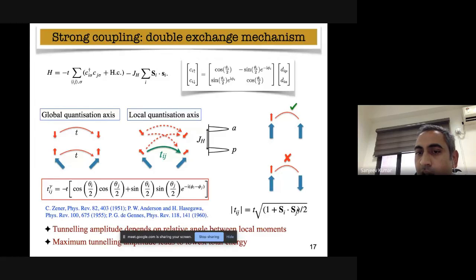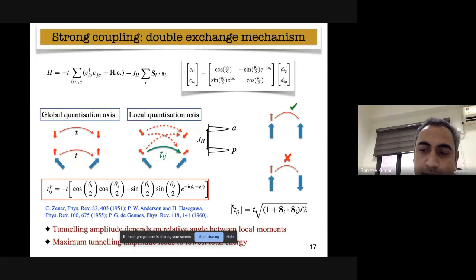So the larger the tunneling amplitude, the larger the delocalization. Therefore, the tunneling amplitude becomes dependent on the orientation of these spins, and if you can find an orientation where the tunneling amplitude is largest, that is the best configuration that your system would like to have. There is a very nice similarity with what one discusses in metallic bonding. It's the same idea, except that it is now being applied to the orientations of spins.